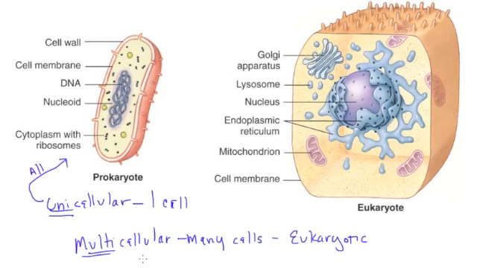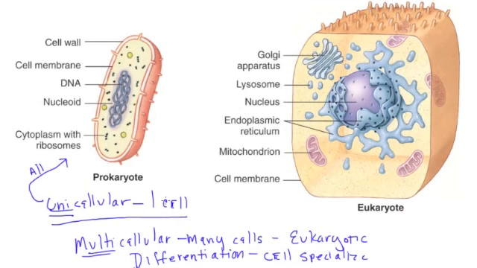Now the advantage of being a multicellular organism is differentiation. And what this means is that the cells can specialize in both their structure and their function. A unicellular cell has to do all the functions of the organism.